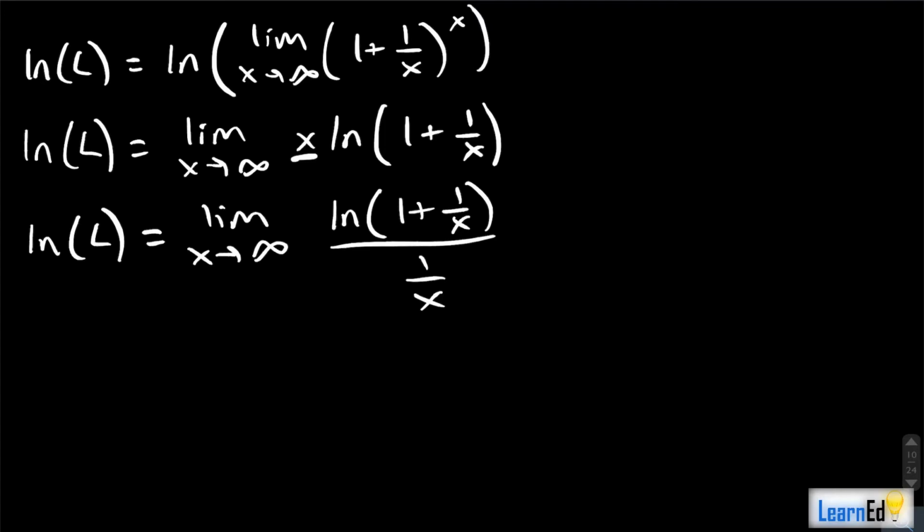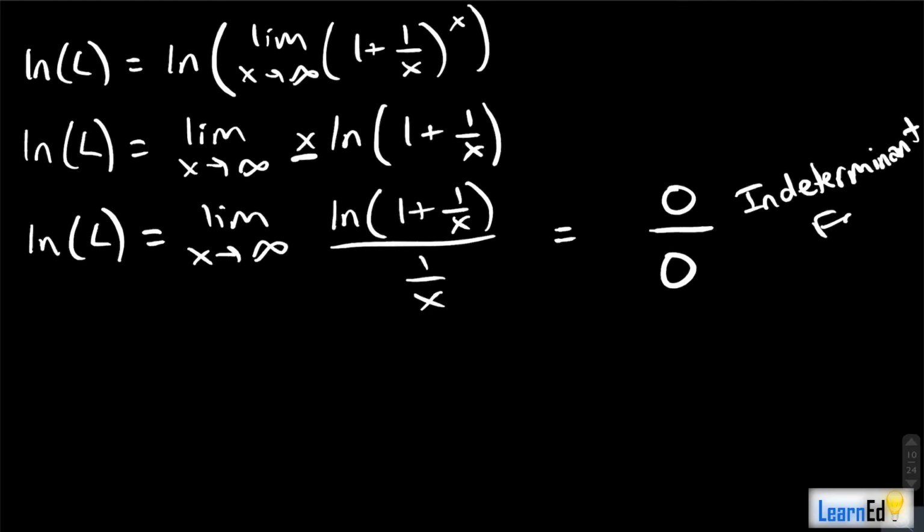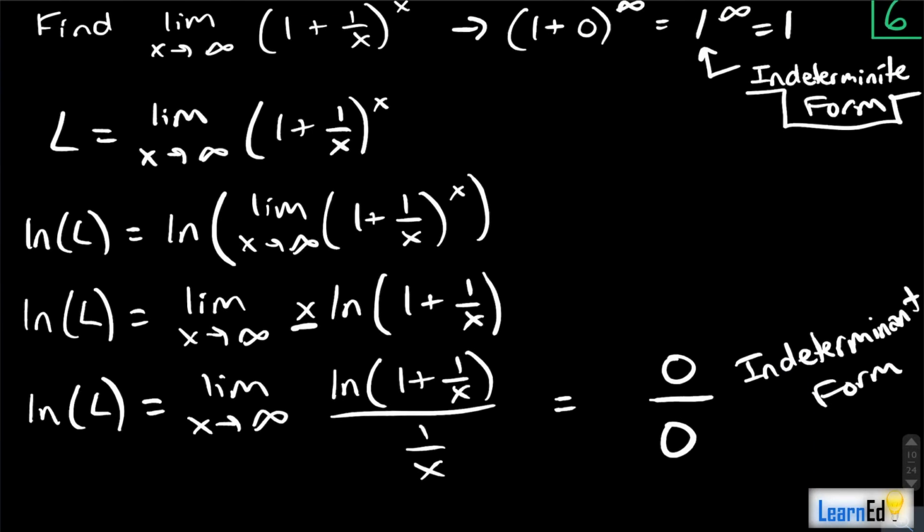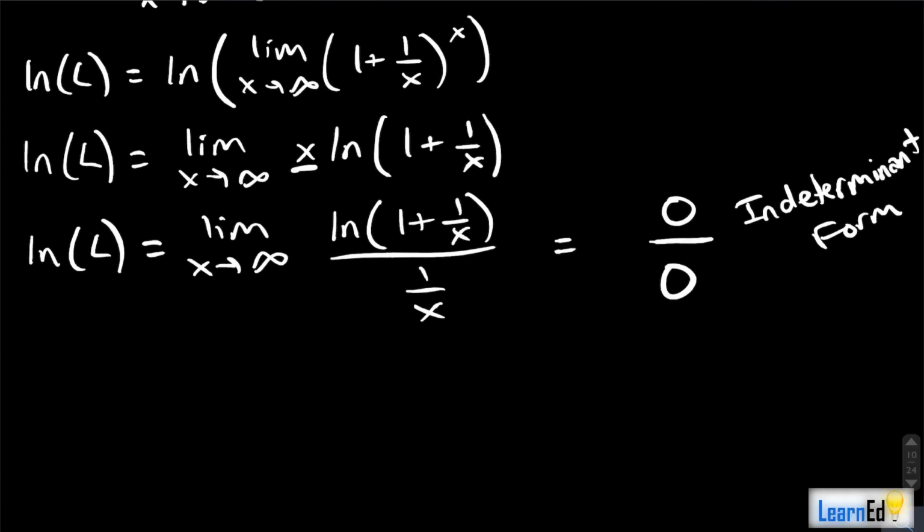You can see that if we use infinity here, we get the natural log of 1, which is 0, over 0, since 1 over infinity is 0. Okay, so we get an indeterminate form, and that shows you that 0 over 0 and 1 to the infinity are both indeterminate forms when you're dealing with limits, right?